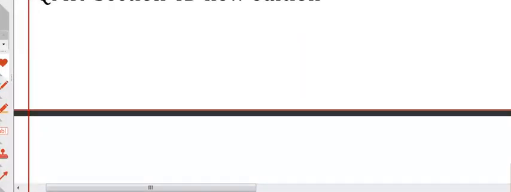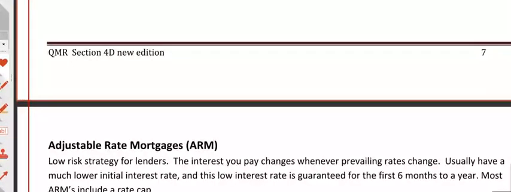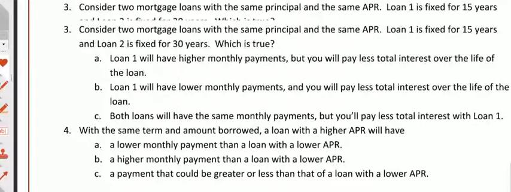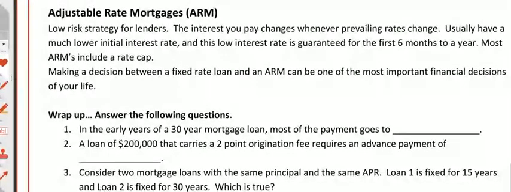Let me actually pull this back down to where we can see it. Okay. And one of the last things to talk about here, adjustable rate mortgages. It's a low-risk strategy for lenders. However, the interest you pay changes whenever the prevailing rates change.